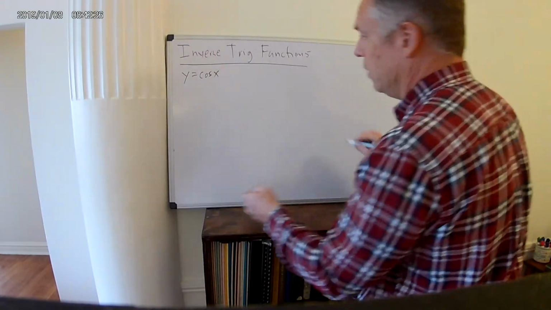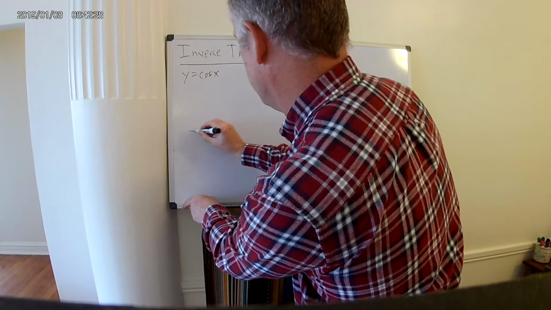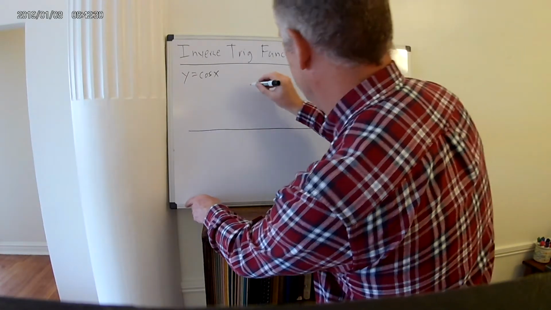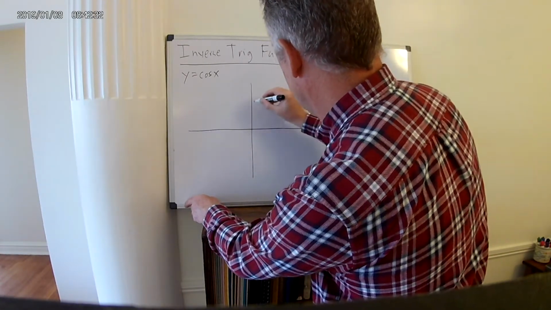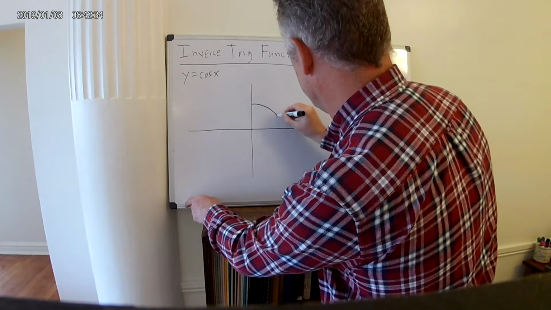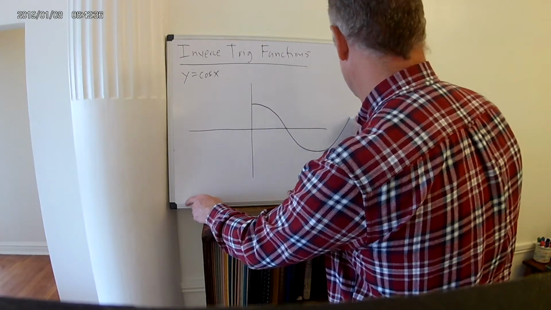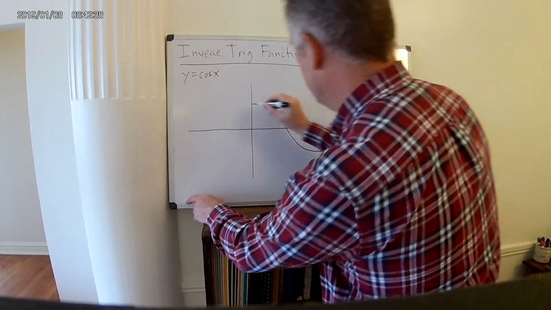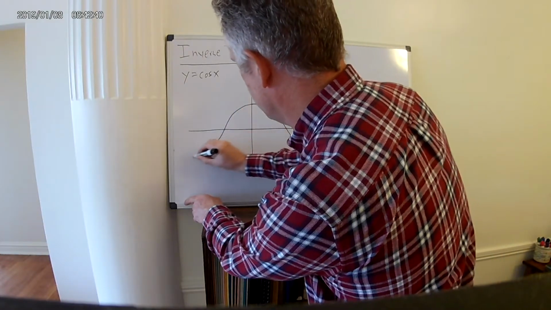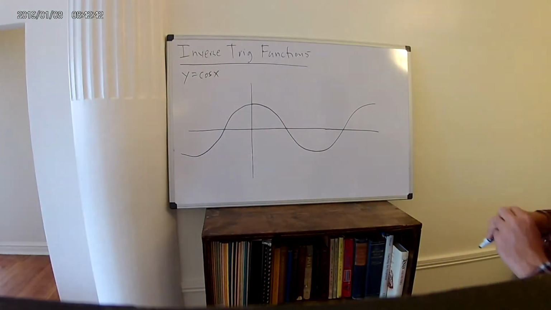Okay. Let's graph cosine of x. It's going to look like this. And cosine of x, if you remember, goes like this. Like that, okay?